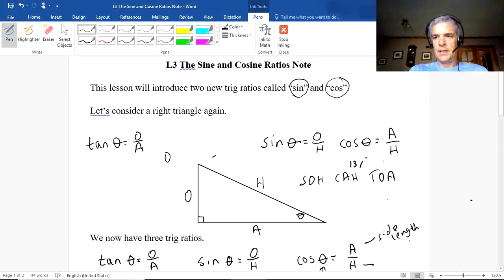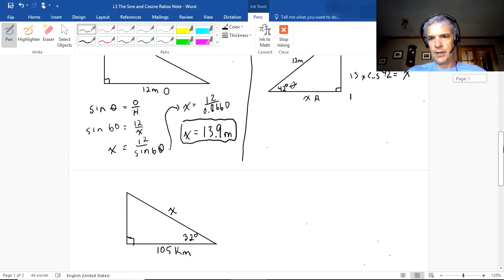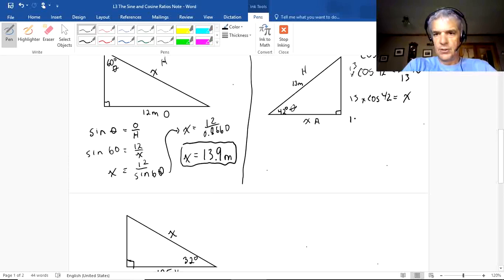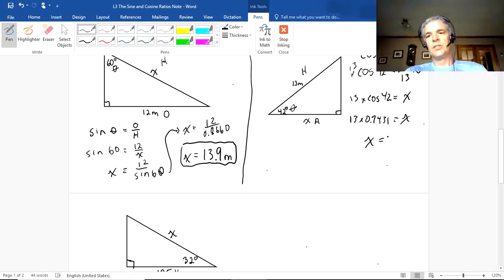So 13 times, I don't do as well when I get close to the side. I apologize. There we go. 13 times 0.7431 equals my x. And I'm just going to say now what x equals, which is going to be those two numbers multiplied together.